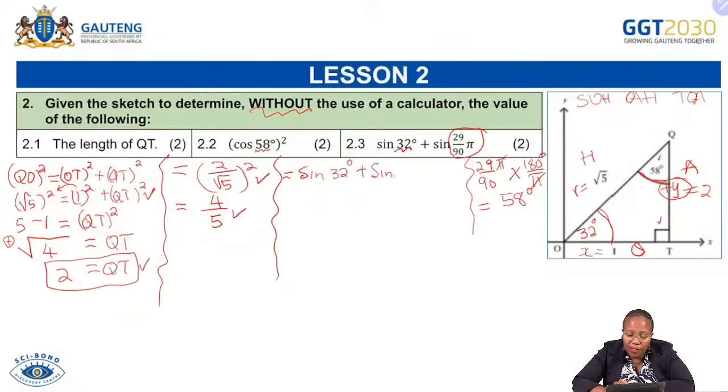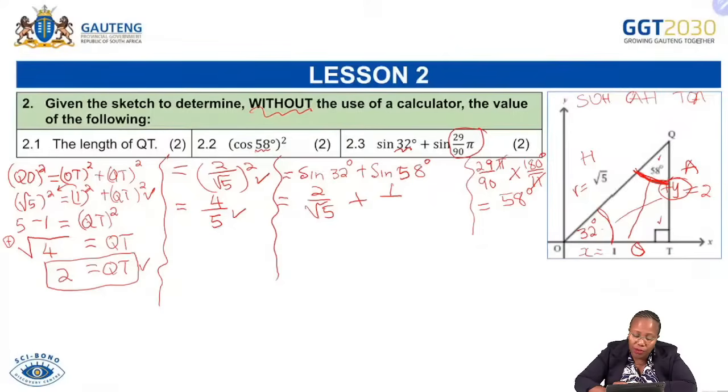And then now for the second one, we are looking at the sine of 58 degrees. And then now we can start looking at the values now. Sine is opposite over hypotenuse, but when you are sitting at 32, this will be your opposite. What is opposite? 2. And then hypotenuse, square root 5. Plus the sine of 58. If I'm sitting at 58, which one is opposite now? 1.